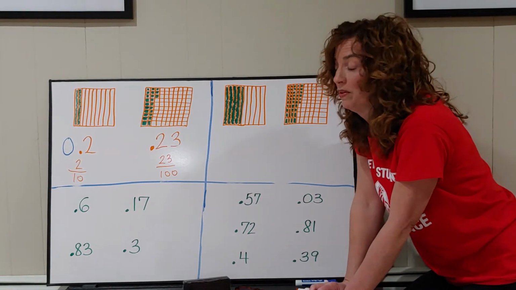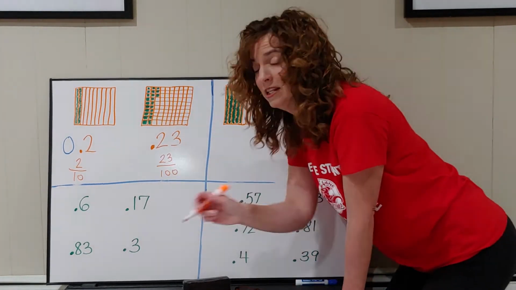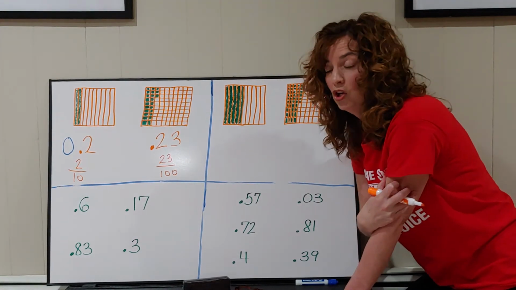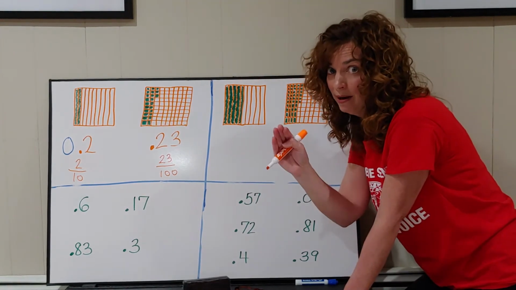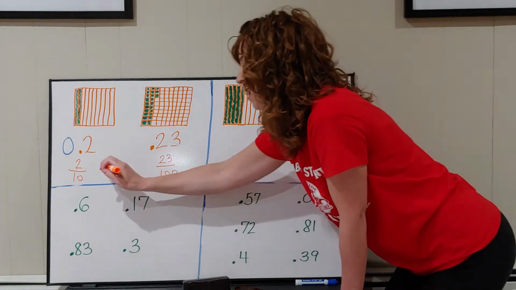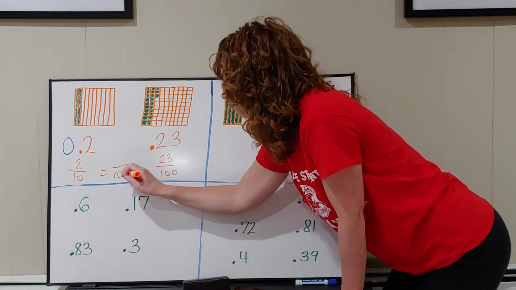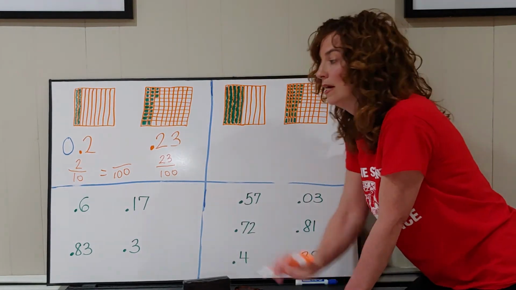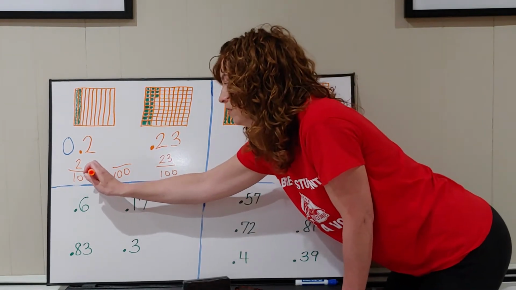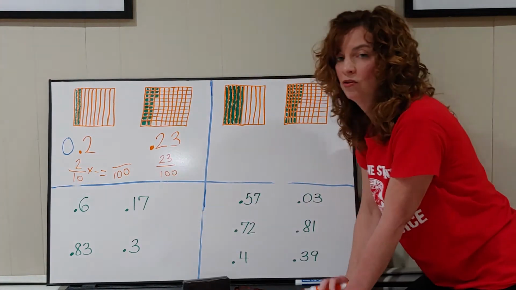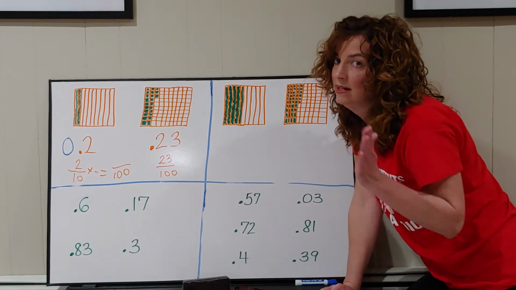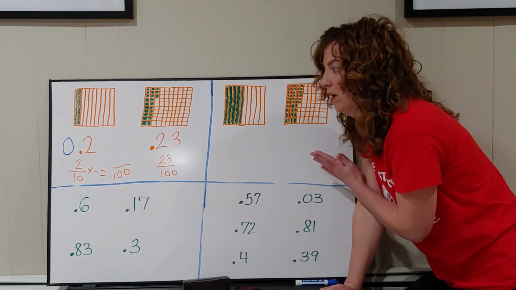Well, we know how to do that with fractions, right? To make an equivalent fraction, you can multiply the same number top and bottom. Now, if I want my new fraction to have 100 at the bottom, what can I do? 10 times what equals 100?